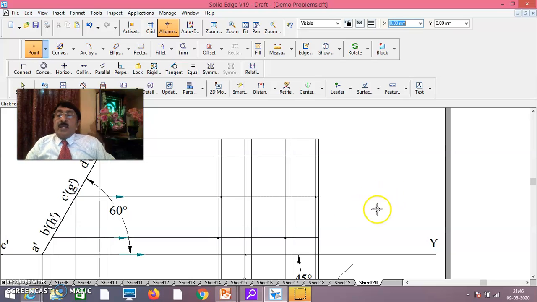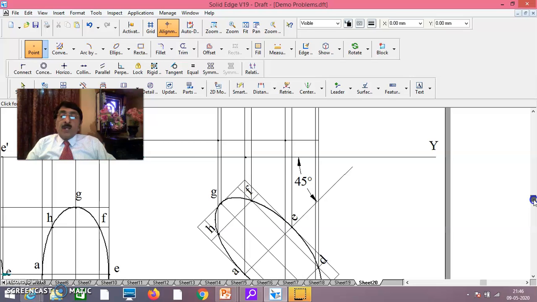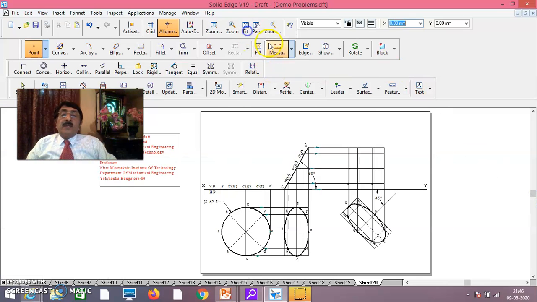Second and seventh you take, and then you fit this and enlarge it here and see for the remaining, that is D and F.